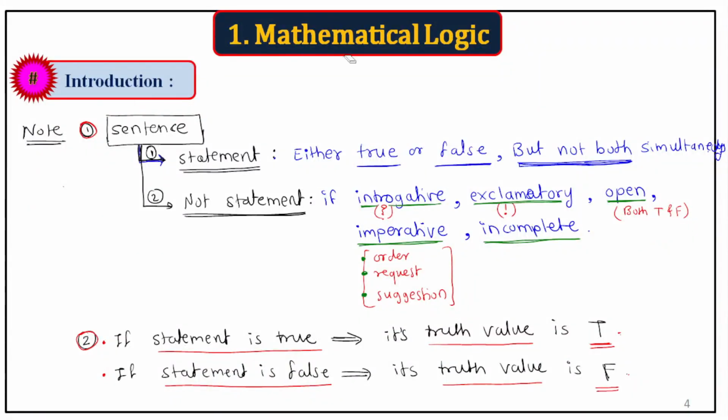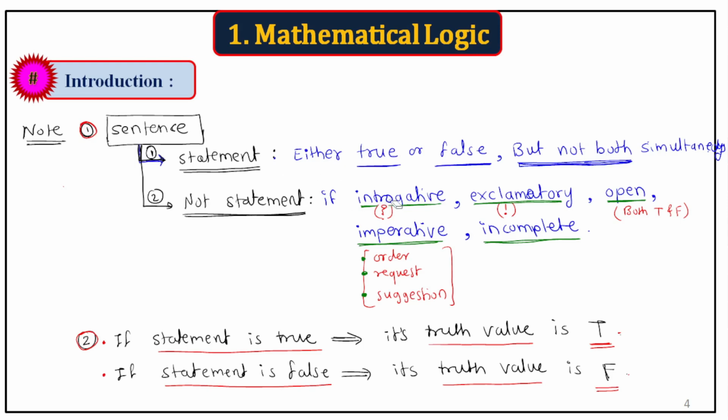Here mathematical logic, introduction. Note first, sentences. Here there are two types, statement and not a statement. Those sentences that are either true or false but not both simultaneously are called a statement, and otherwise called a not a statement.